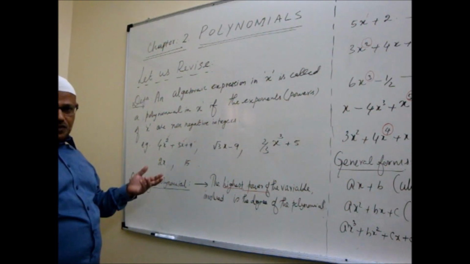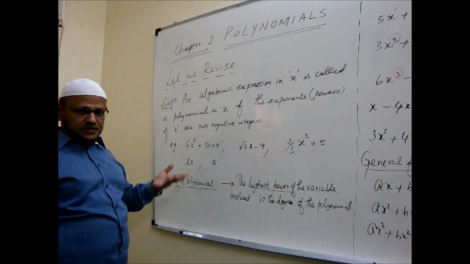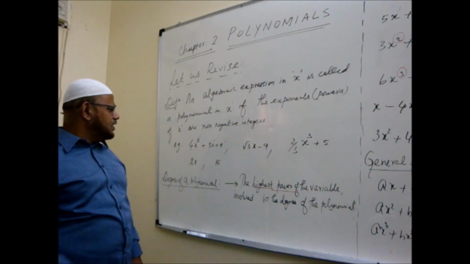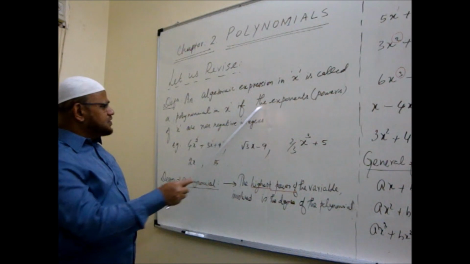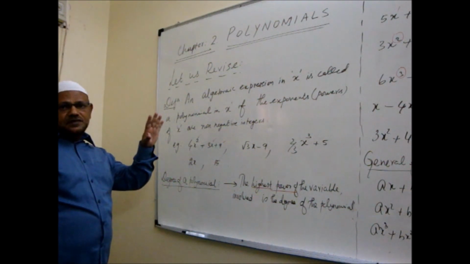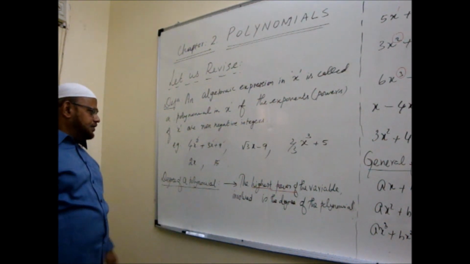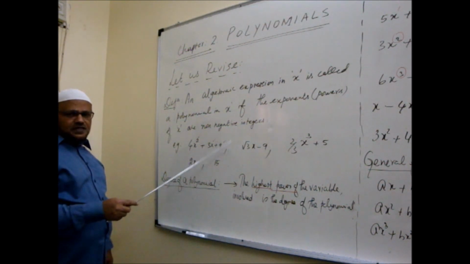It may be 0, 1, 2, 3, like that. It should not be negative, and there should not be a fraction. So if the powers of x are non-negative integers, then we call such expressions a polynomial in x. Alright. The examples you already learned.